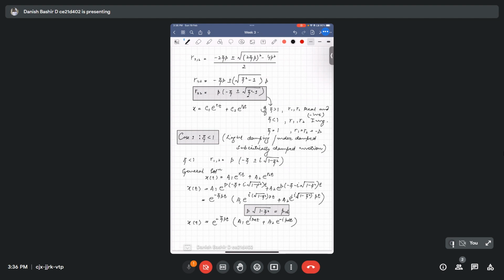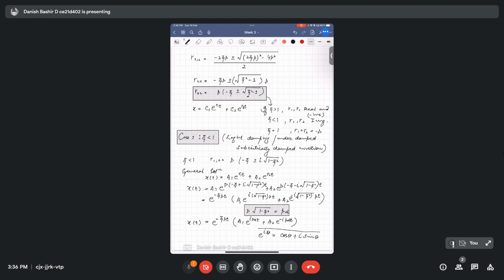Then we can write e to the power iota pdt and e to the power minus iota pdt in this form, because we know Euler's formula: e to the power iota theta is equal to cos theta plus iota sin theta.